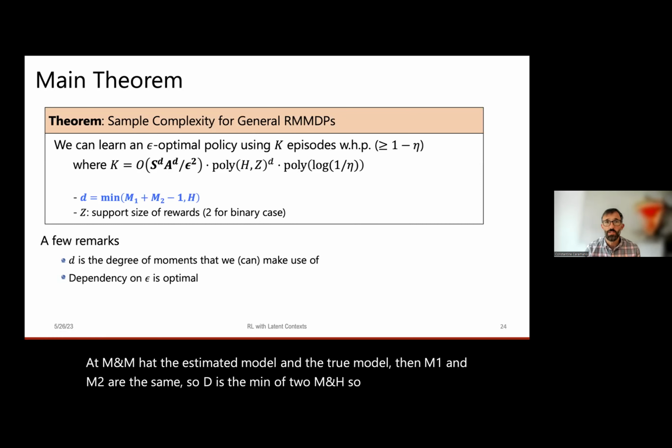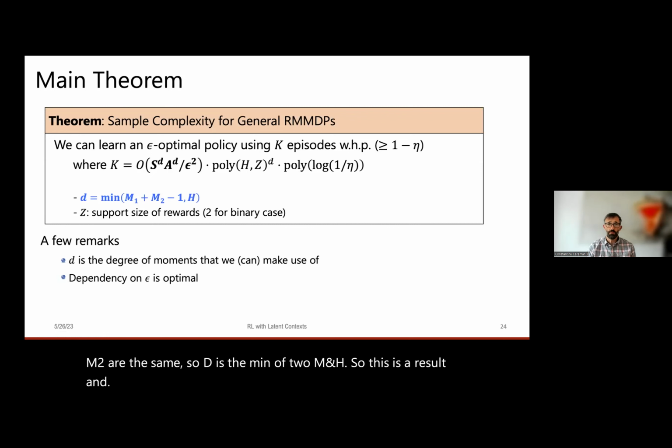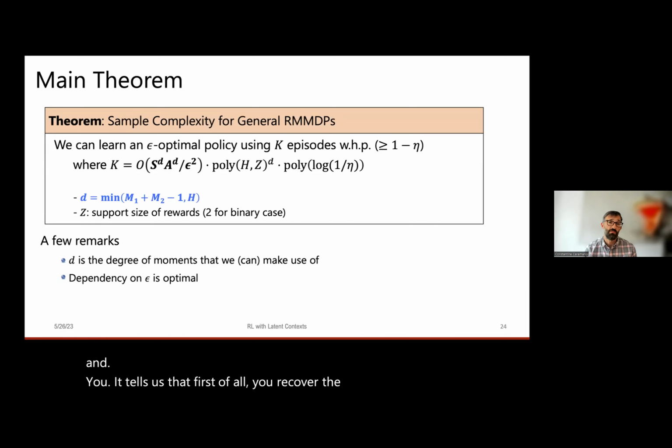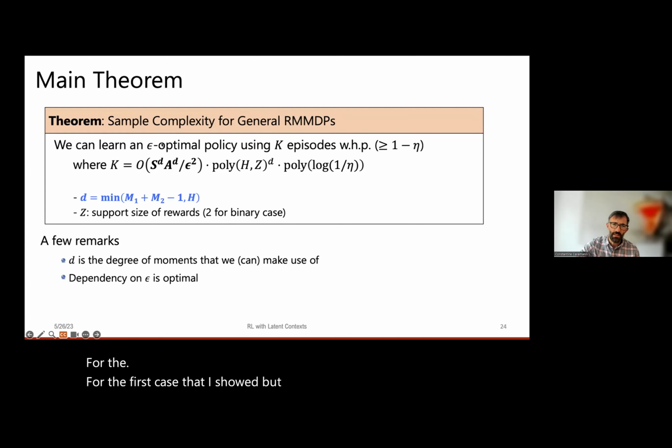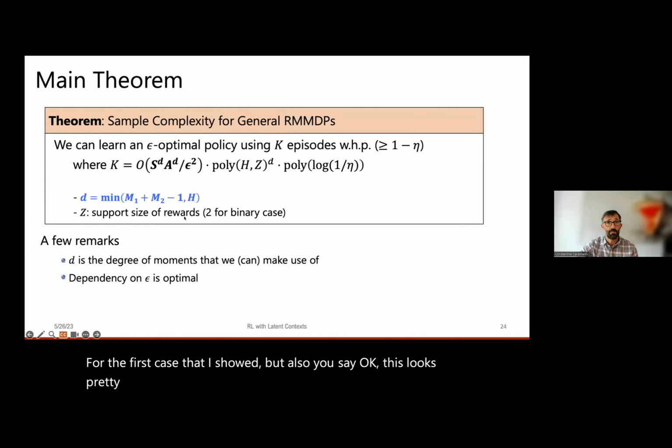So this is a result, and it tells us that, first of all, we recover the results for the first case that I showed, but also you say, okay, this looks pretty expensive, and that's true.